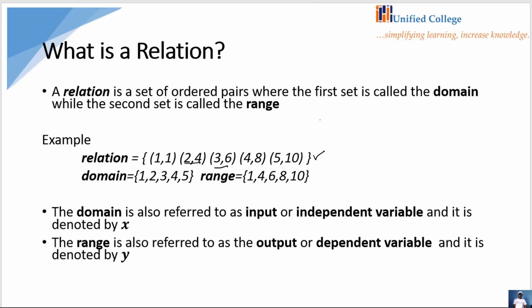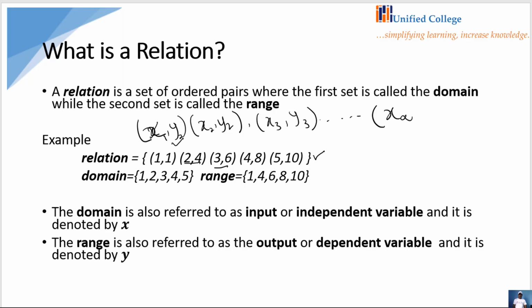Now don't forget also that this relation, as you can see, is comparable to a relation in x and y. Let me give you an example. If you refer to each of these sets as a relation in x, comma y, if we say this one is x1, y1, then x2, y2, then x3, y3, and so on and so forth until you get to x infinity, y infinity.